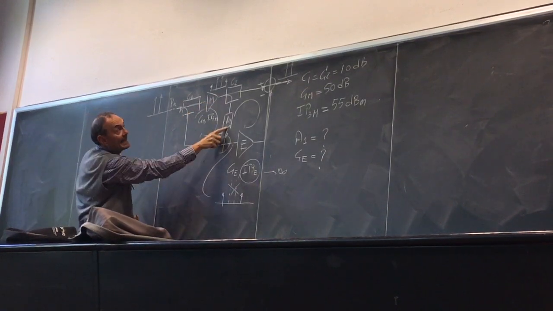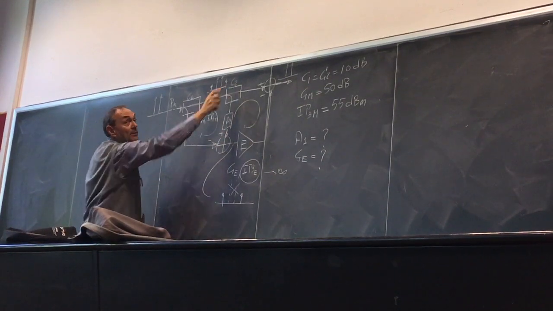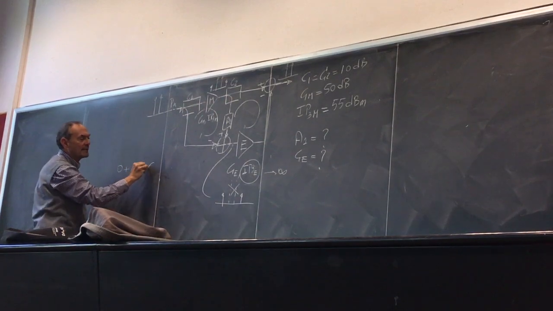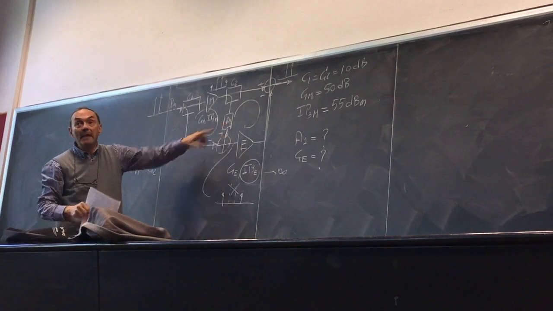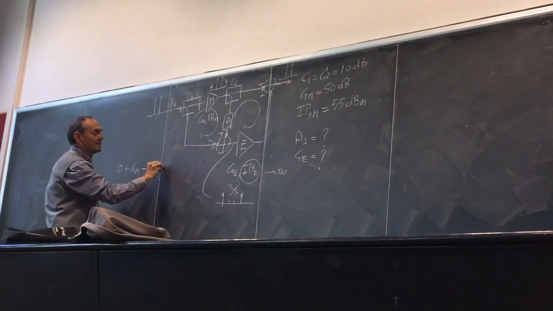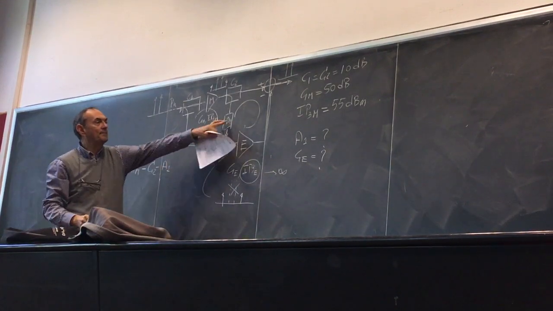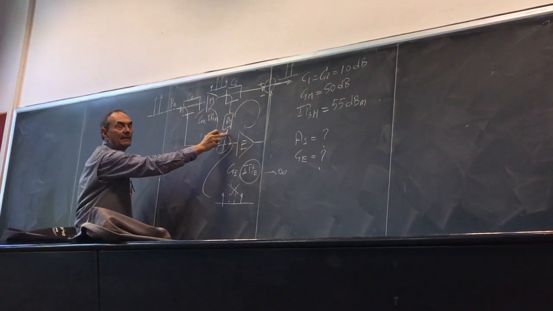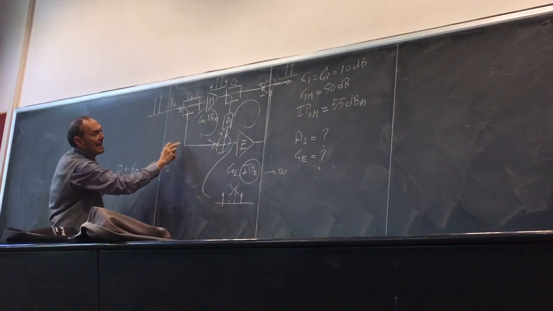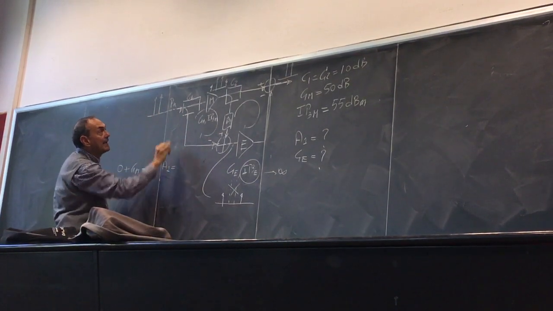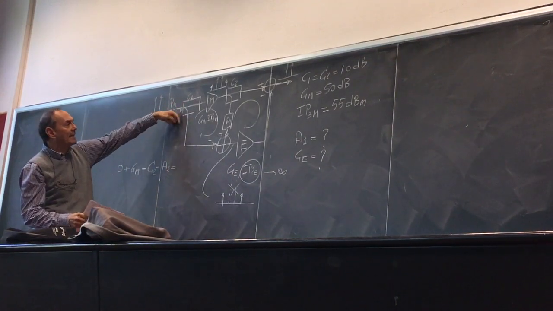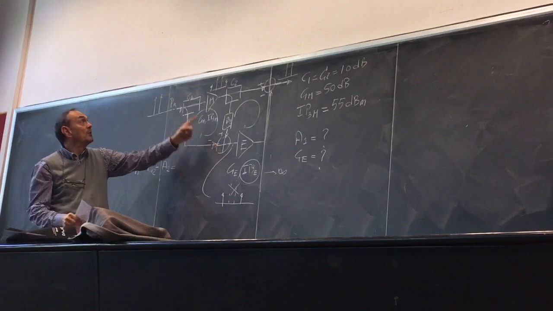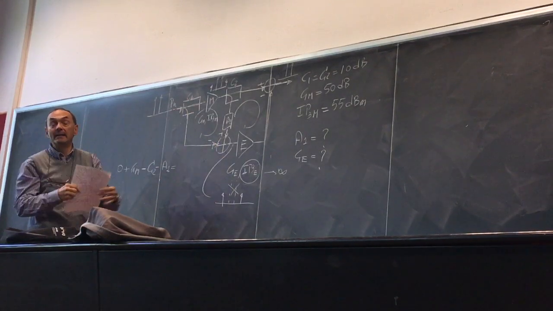Here we have to move in this direction. This is C2, so minus C2. Then we have minus A1. This is an attenuator. And this is what arrives here. In this direction instead, what arrives is only minus C1. So when we move from here and arrive here, we arrive to minus C1.